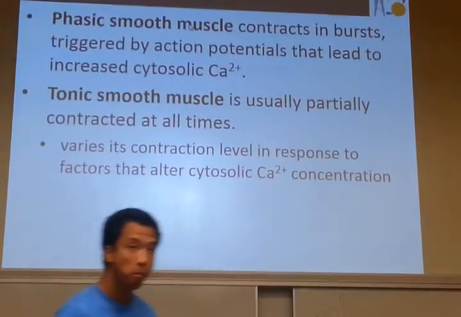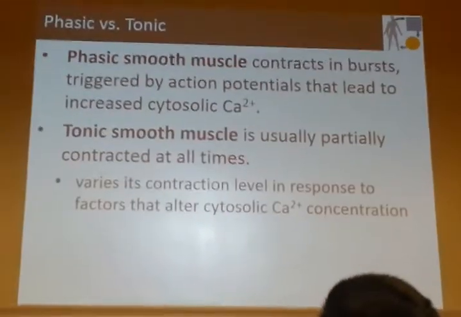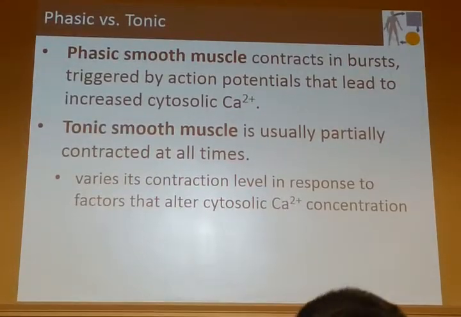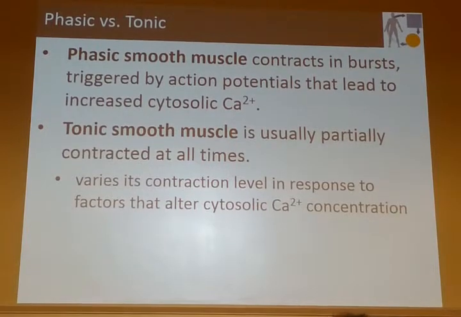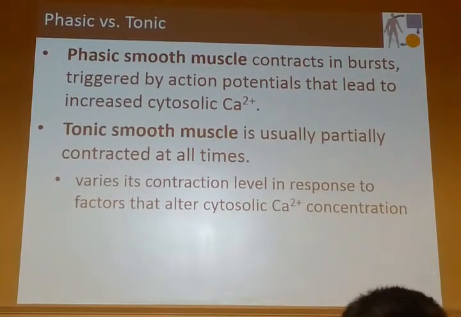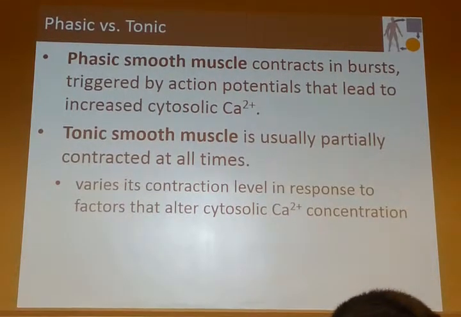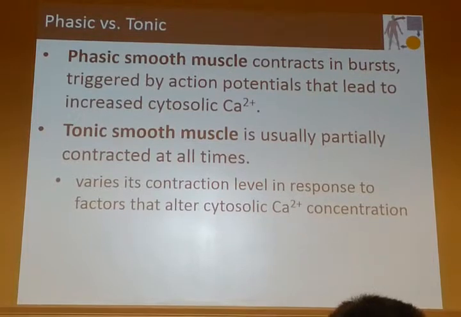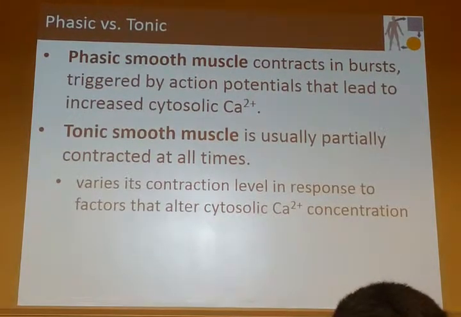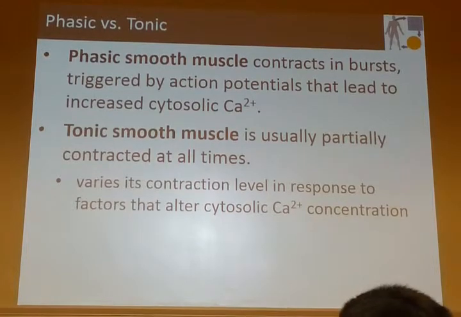Okay, the term phasic means it's on, it's off. So you look at an action potential that is phasic, even though this stimulus is on, so this is on, and it's not off till here.